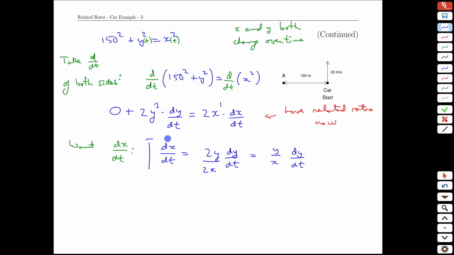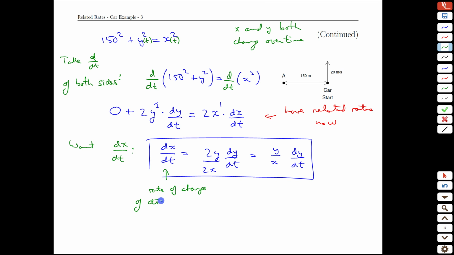And that gives us the rate of change of the distance to the observer, the derivative of x with respect to time, and x was the distance to the observer from the car, and dy dt was the speed of the car, and that we actually knew, which was 20 meters per second.